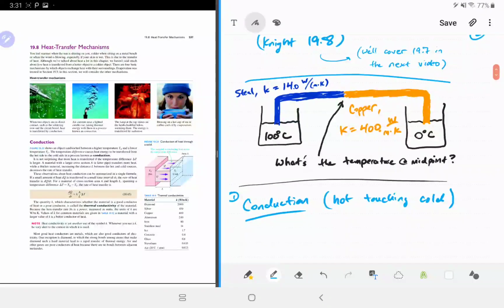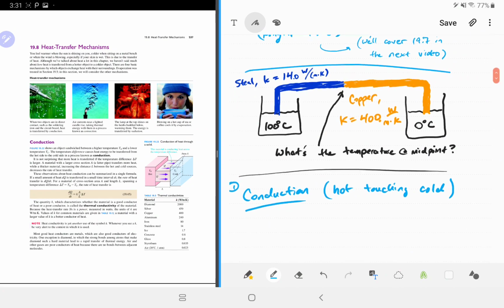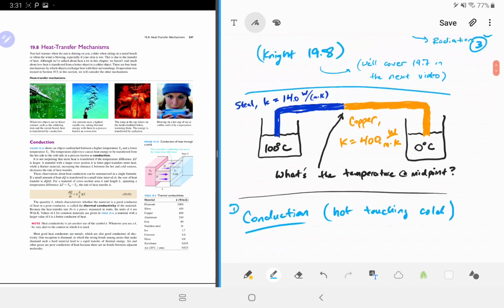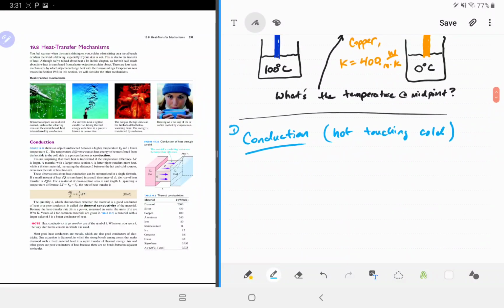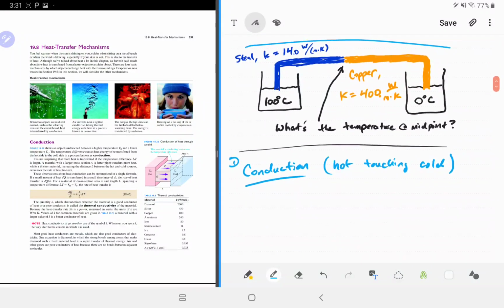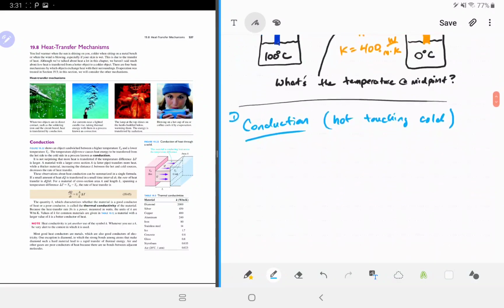So if you have hot water and cold water, if you have anything connecting the two, so you can touch the hot and the cold, then energy in the form of heat is going to flow from the hot thing to the cold thing. So I'm not too worried about signs in equations that I'm going to write down, because it's understood that heat is just going to flow from the hot thing to the cold thing. You can always imagine taking the magnitude of these equations, and of course it'll flow from hot to cold.